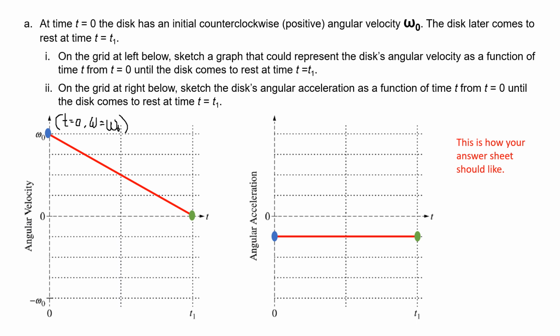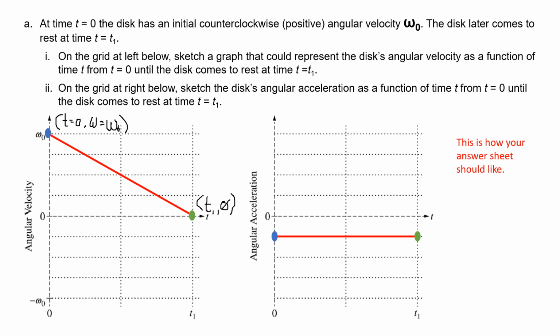Right here, we have t equals t sub 1, and then the value of our omega is 0. You can do a shortcut like this, or if you want to be more specific, you can do it on the other side also.